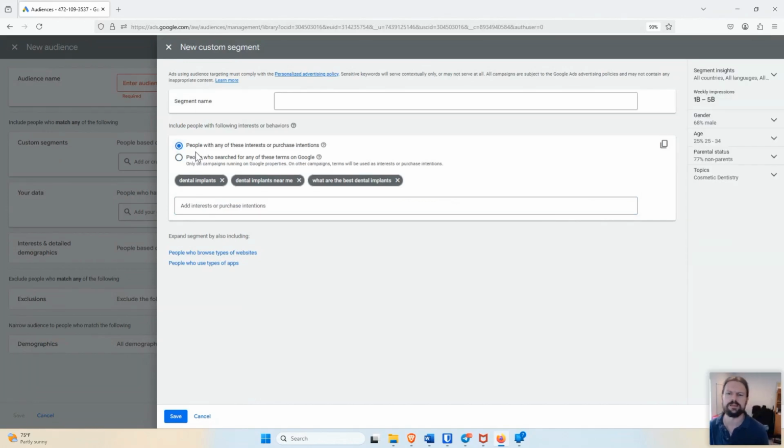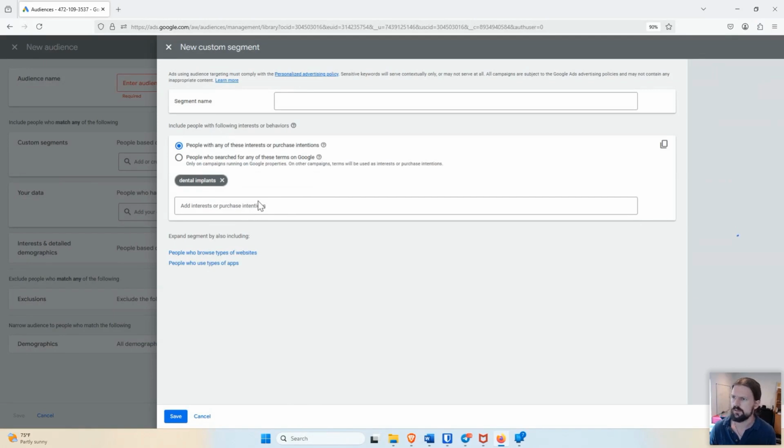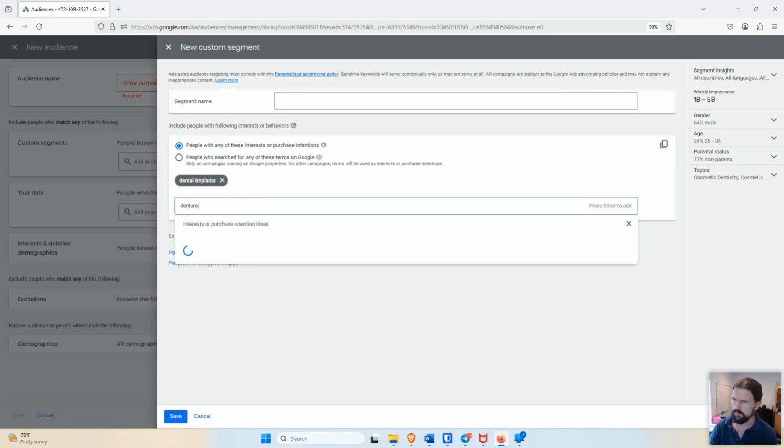This is, you're giving the Google AI a little more wiggle room here. So you can still put the same kind of keywords, and maybe I'll put just dental implants, and then maybe dentures, right?